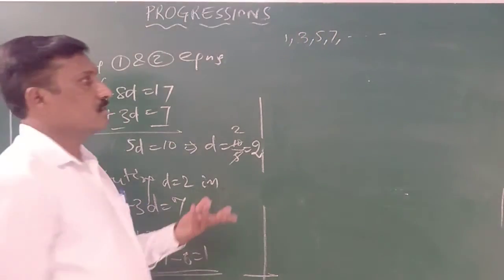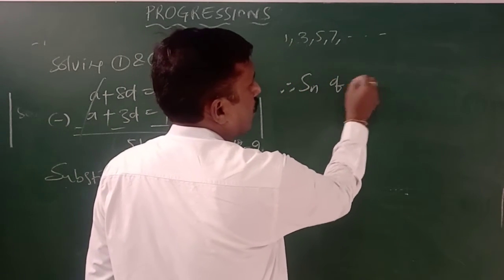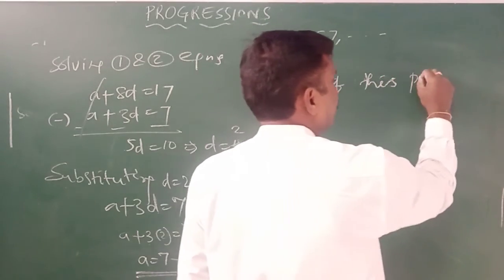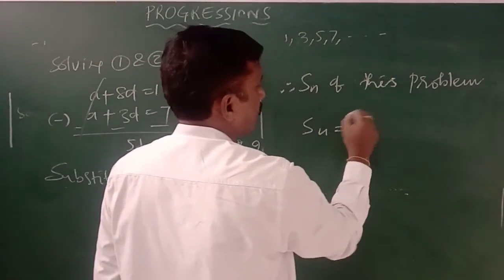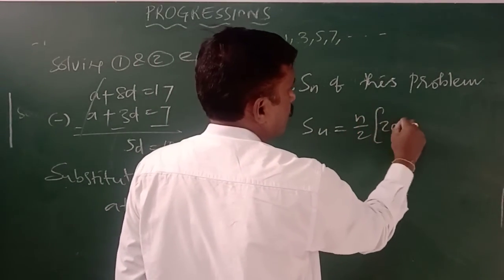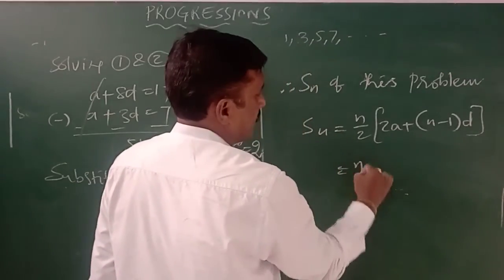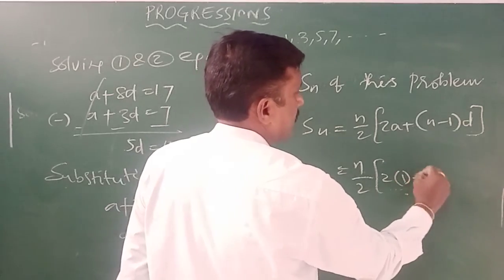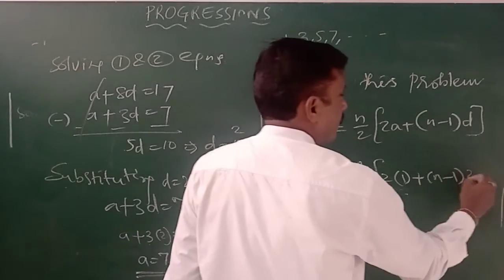Now therefore the sum of n terms of this progression, Sn is equal to n by 2 of 2a plus (n minus 1) into d. What is the n value? We don't know. But we got the a value is 1 and the d value is 2.